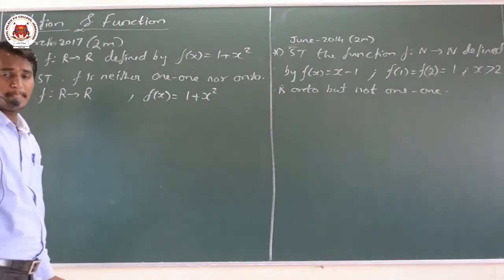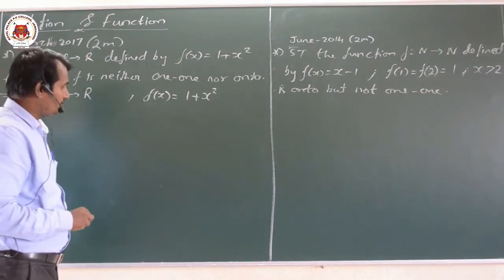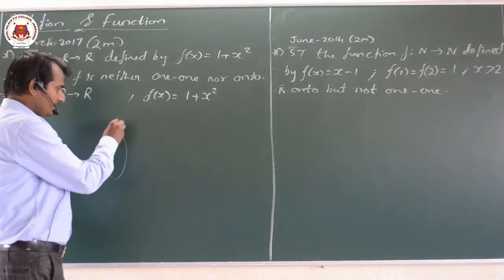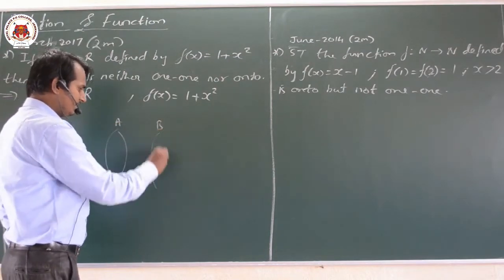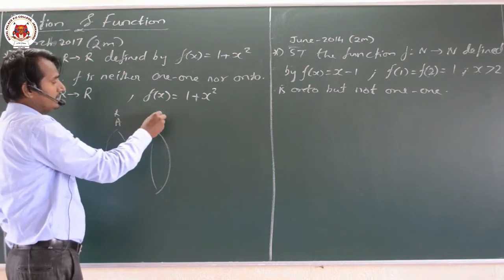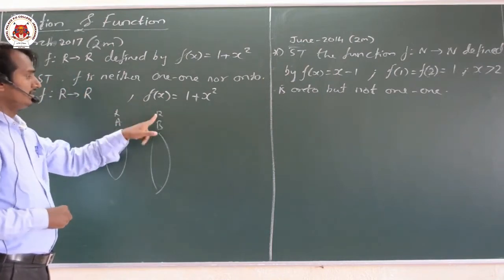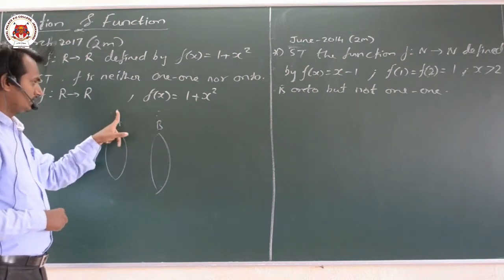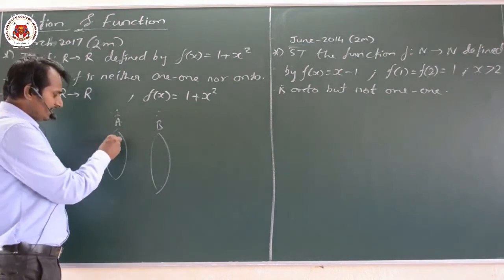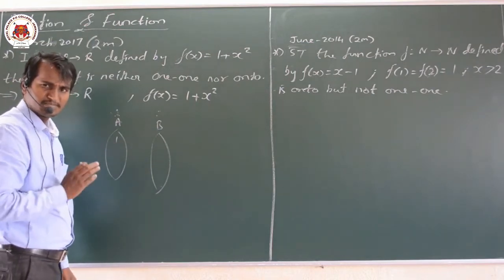Let us observe here. One thing you have to observe is the definition of a one-one function. If we have a set A and a set B, here A means the real numbers, and B is also the real numbers. The domain is the real numbers and the codomain B is also the real numbers. Since it is real, I can take values like plus 1, minus 1 or something.